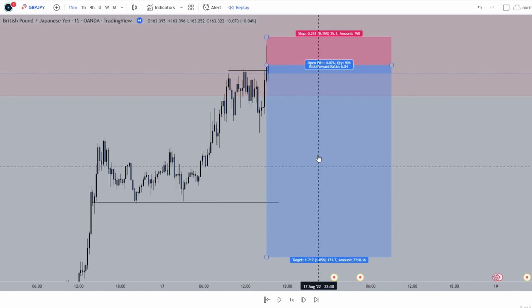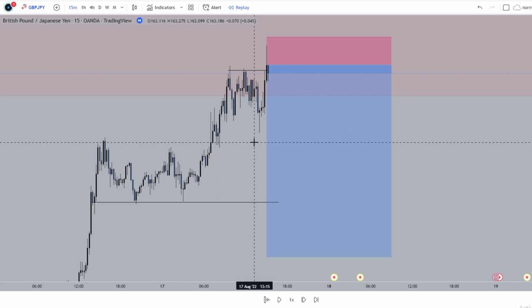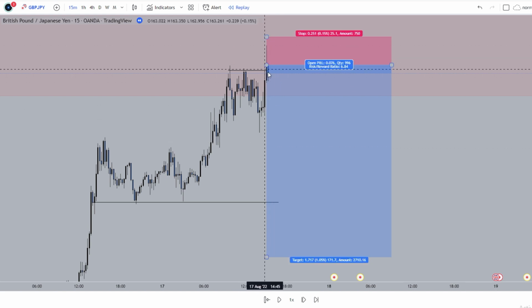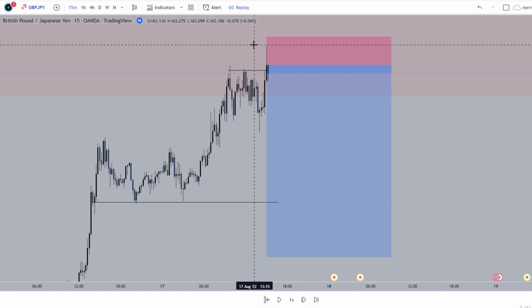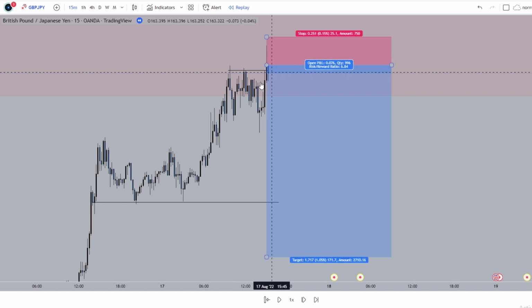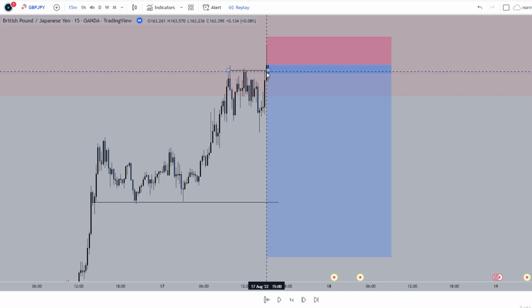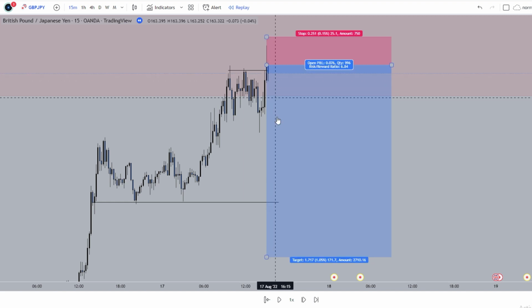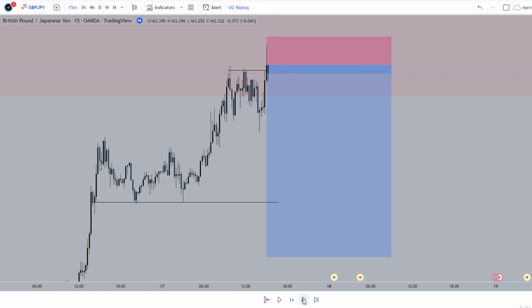But for myself, this was a little bit less, because I had my alert set at this point. And I was of course not glued to my screen, and eventually I just came into the market a few candles later.